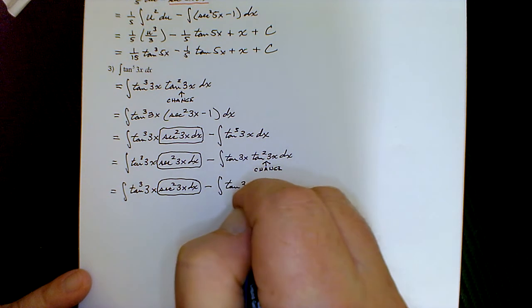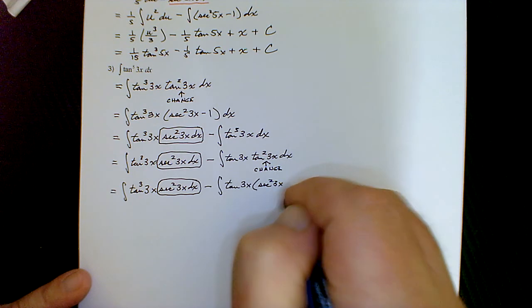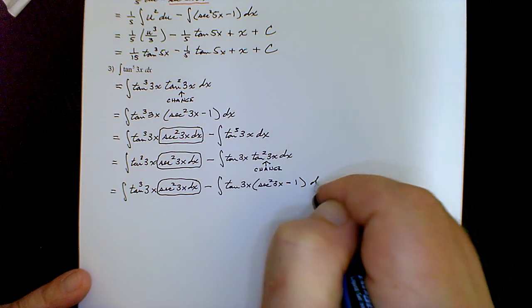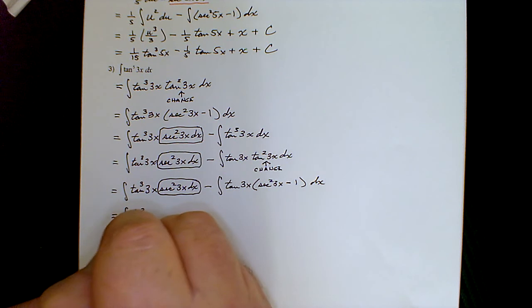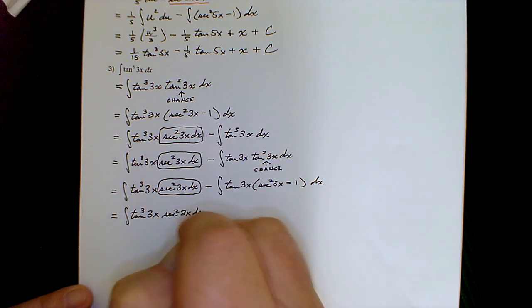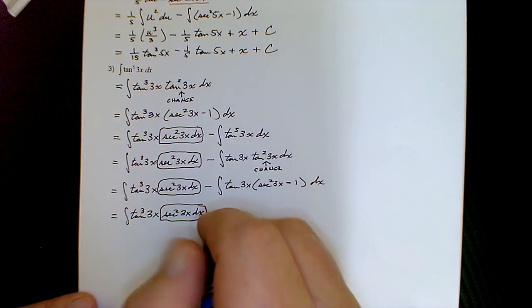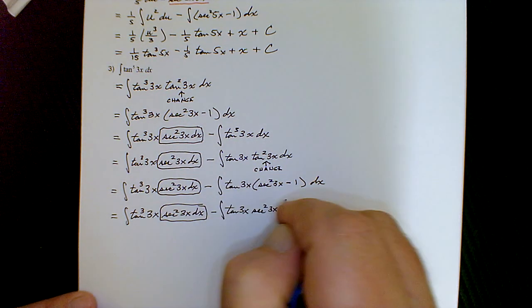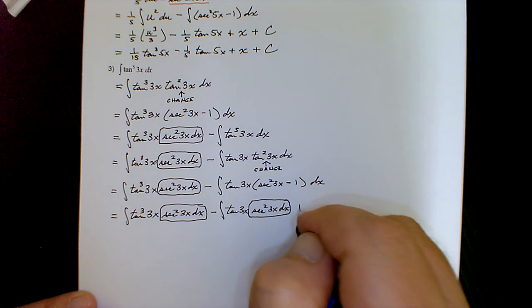Okay, and then here we're going to change the tangent squared of 3x to secant squared 3x minus 1 again. And recopy. And now distribute and continue. So negative integral, once again the secant squared is going to be the du. And then we have positive, because the double negatives there, integral of tangent of 3x.